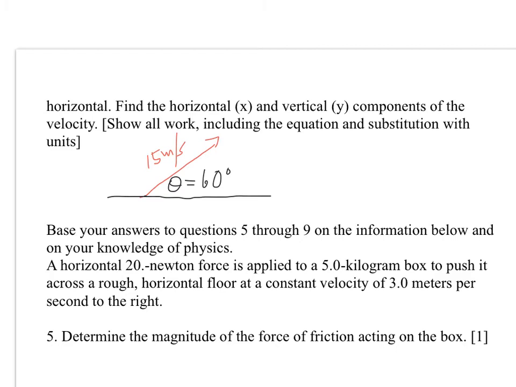Okay. Now we've got to use our trig function. So to find the x component, which function do we use? We use cosine. Oh, that looks ugly. Let me try that again. Okay. And that will get us 7.5 meters per second.